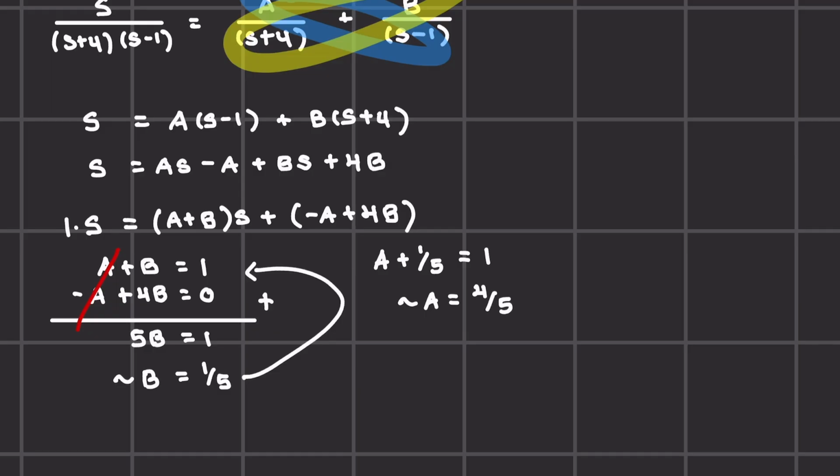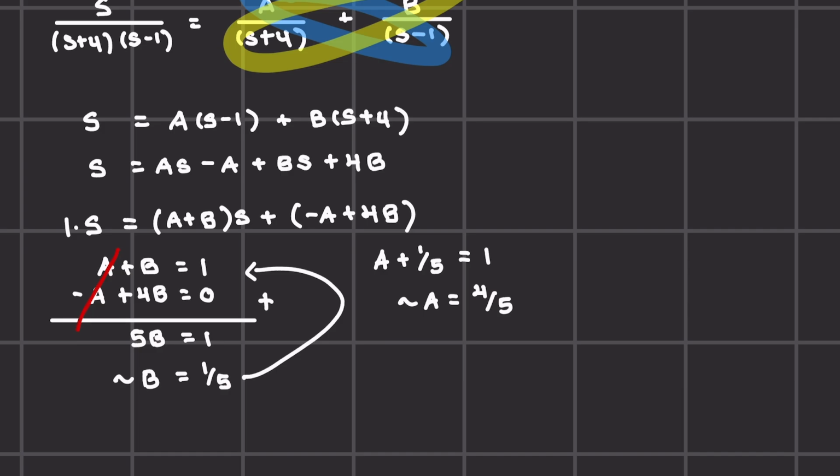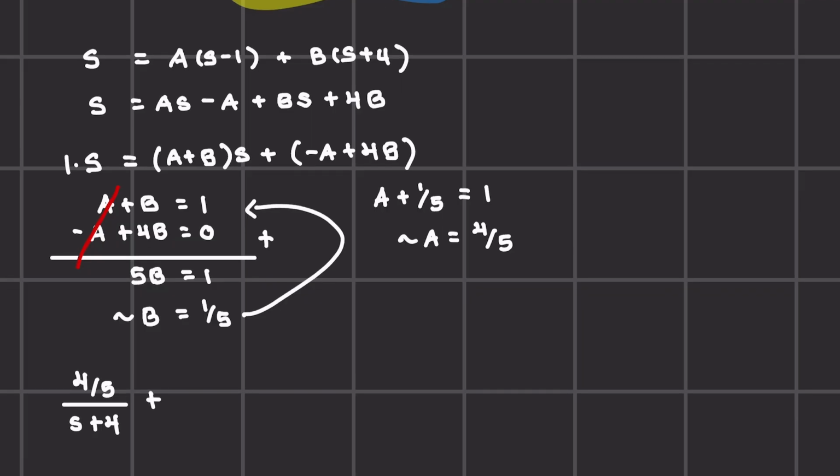We solved for A, we solved for B. We just need to substitute both of these values into the partial fraction decomposition that we started with. So now we have 4 over 5 over s plus 4 plus 1 over 5 over s minus 1.